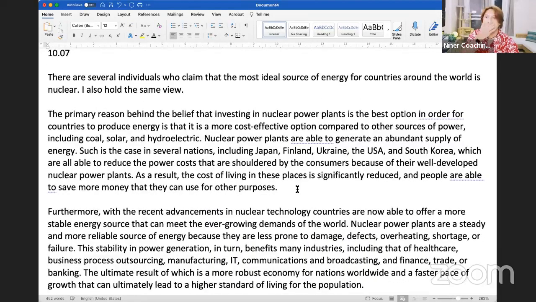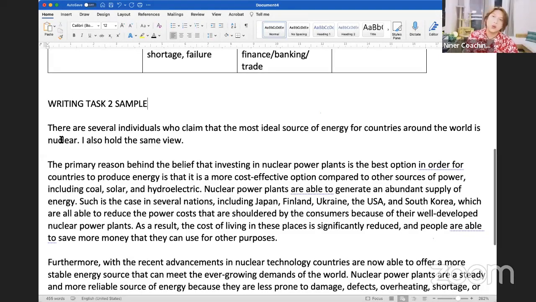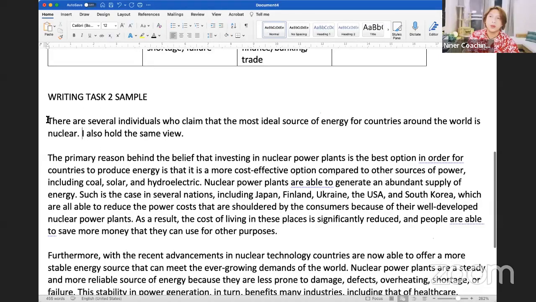Okay, so this is our writing task sample. There are several individuals who claim that the most ideal source of energy for countries around the world is nuclear. I also hold the same view. Now, let me just make this a little better.